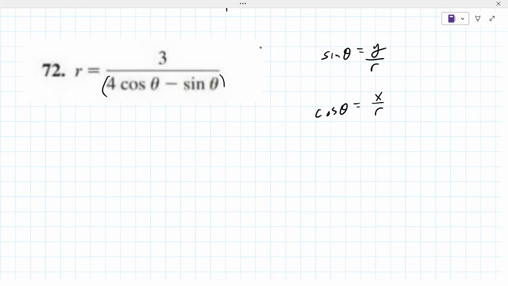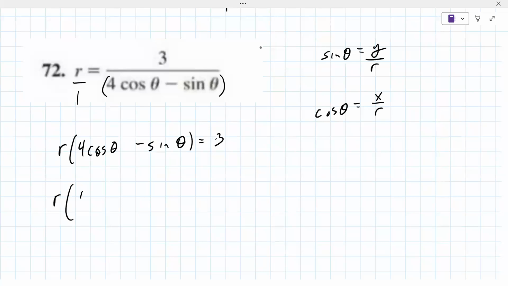Now you could choose to multiply both sides, which I think is what you would do here. Is that what you said you kind of tended to do? Like multiply both sides by the cosine theta. So it'd be r times 4 cosine theta minus sine theta equals 3r, and then cosine is x over r minus y over r.